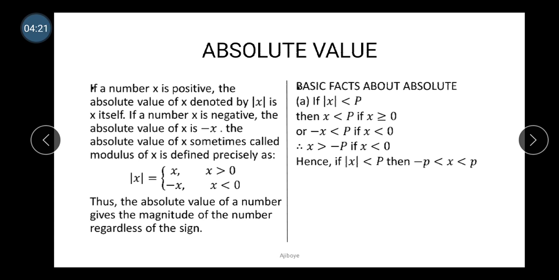Therefore, x is greater than minus p if x is less than 0. Hence, if absolute x is less than p, then x is between minus p and p. I'll say that again. If absolute x is less than p, then x is between minus p and p.